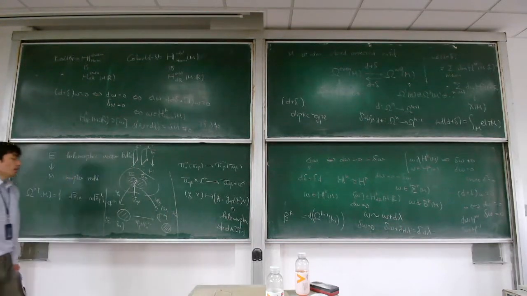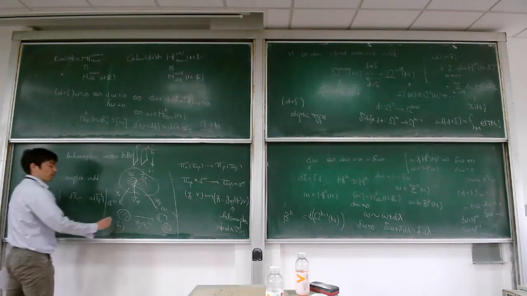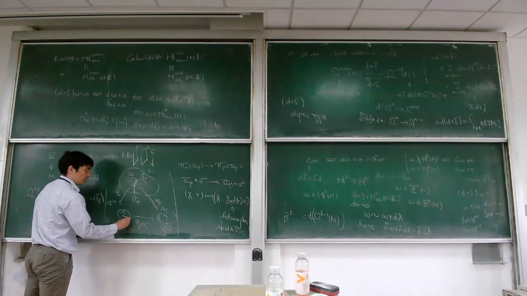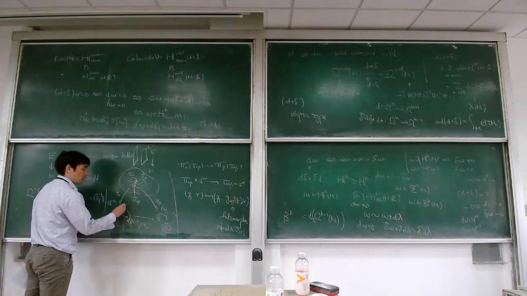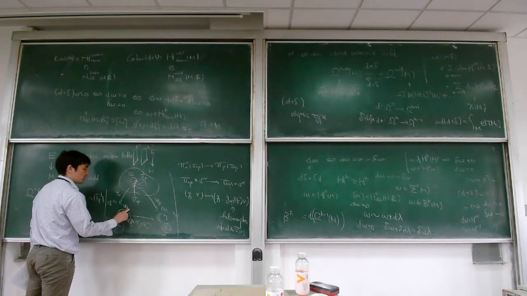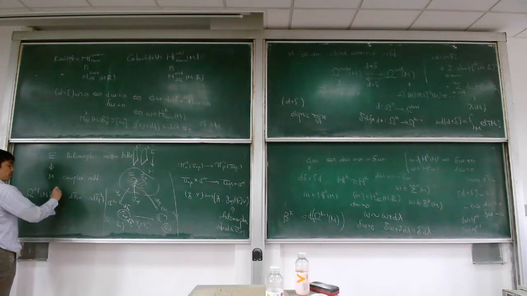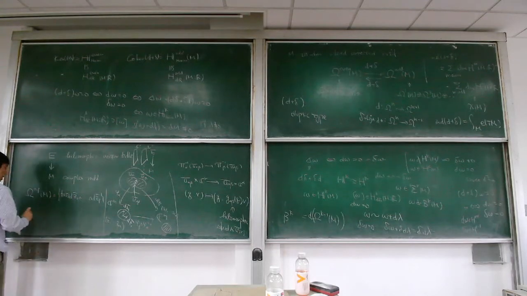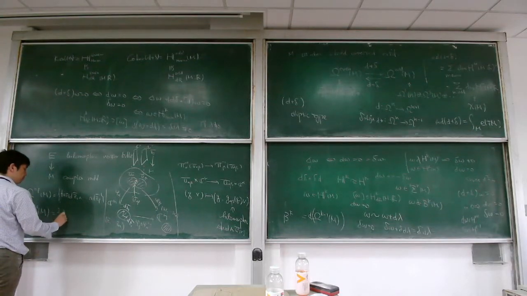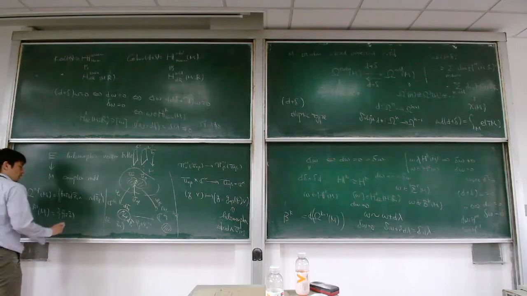In each local patch, you can define dz1 bar, dz1, dz2 bar, and so on, and you can span by times some function, which can be dependent on z2 bar. And then the holomorphic form, this is the anti-holomorphic form, and this is the holomorphic form, dz1.